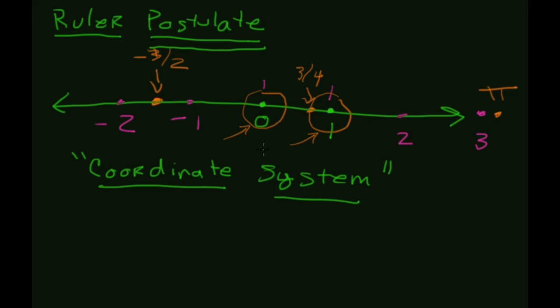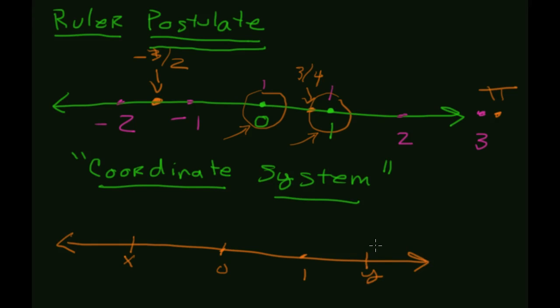Now, the other thing is that if I have that line and I know where the 0 is and I know where the 1 is, then I can find the distance between any 2 points on that line. So let's say this one is at x and this one is at y.